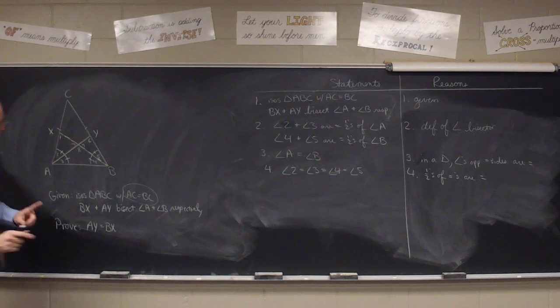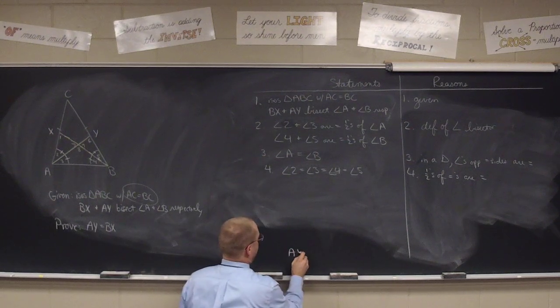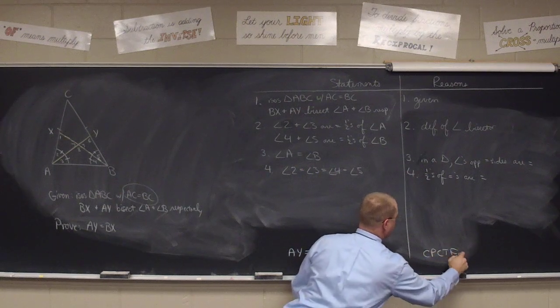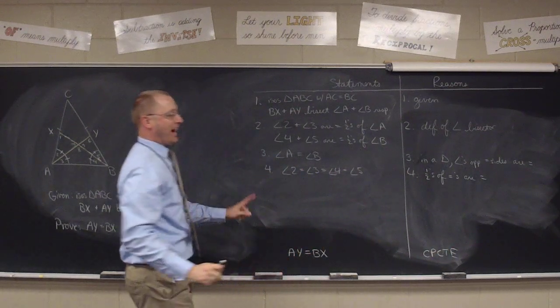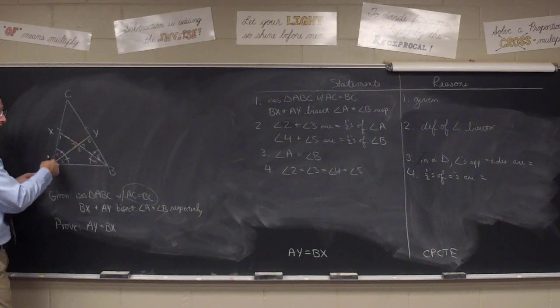Okay, let me ask you this. If, come down to the bottom of the proof somewhere, I'm going to be able to say that AY equals BX by CPCTC, this is analytic thinking, we're going to write it the way we think it, which triangles should be equal? ABX and BAY. Do we see that?